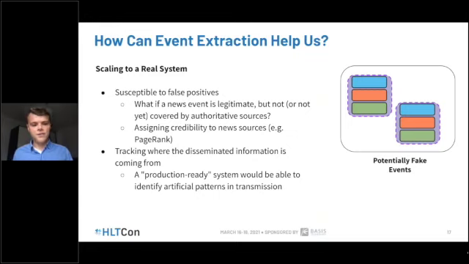And so because of that, a real system here would need to track additional information, such as where these news articles are coming from. And then you can start connecting dots such as, okay, well, this news article talks about something that I can't find a cross-reference for, and it has this weird artificial sharing pattern. I think that's probably something that we need to escalate up to an analyst.